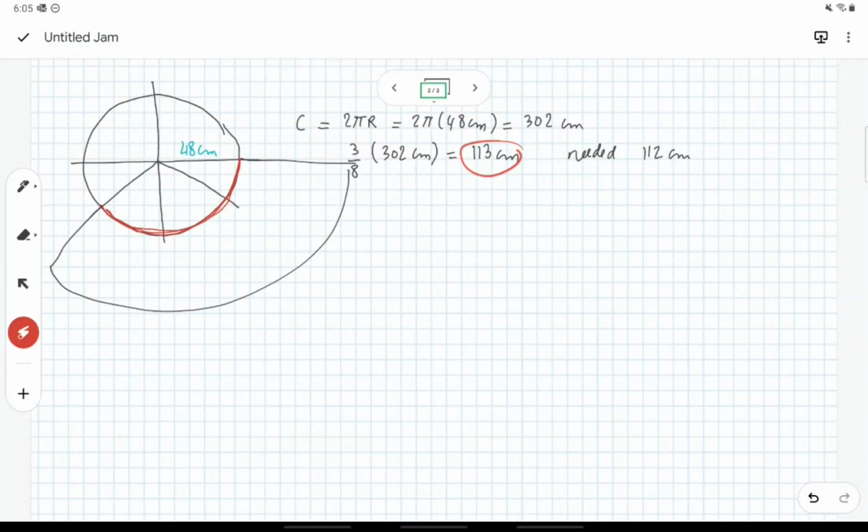You need to take your circumference and multiply this by 8/3, because we reverse the process. It's not going to be 3/8, it's going to be 8/3. And you can try it right now. If you do 112 times or 113 times 8/3, you get 302. Okay, good. So now we're here.